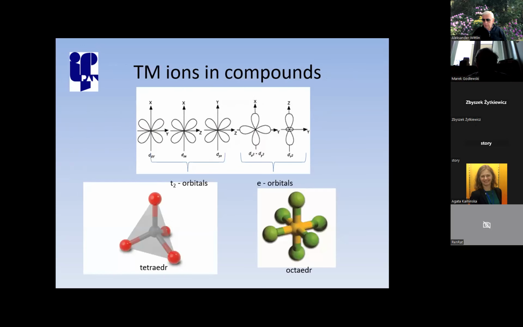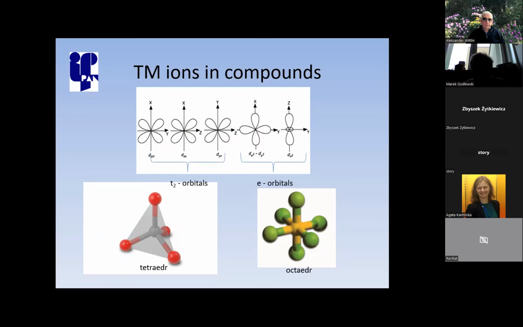But if we put transition metal ions into crystals, and I would just discuss the situation in compounds with high symmetry, so it can be either tetrahedral or octahedral systems, then we should look at d orbitals and how the density of electrons is directed towards ligands or not.